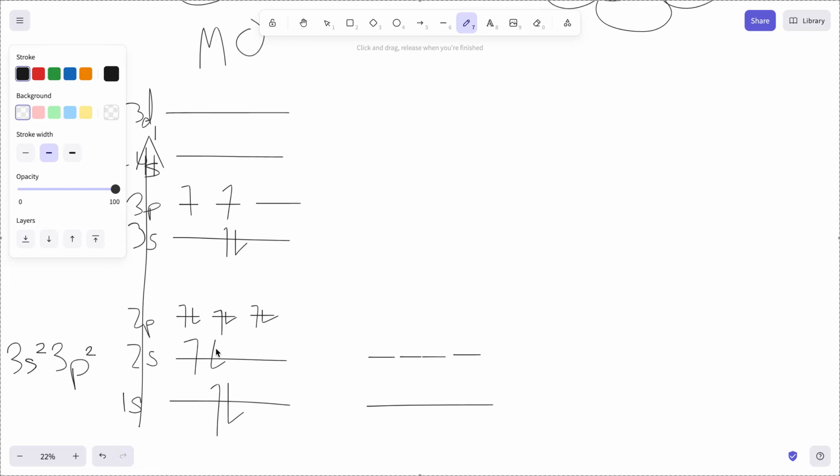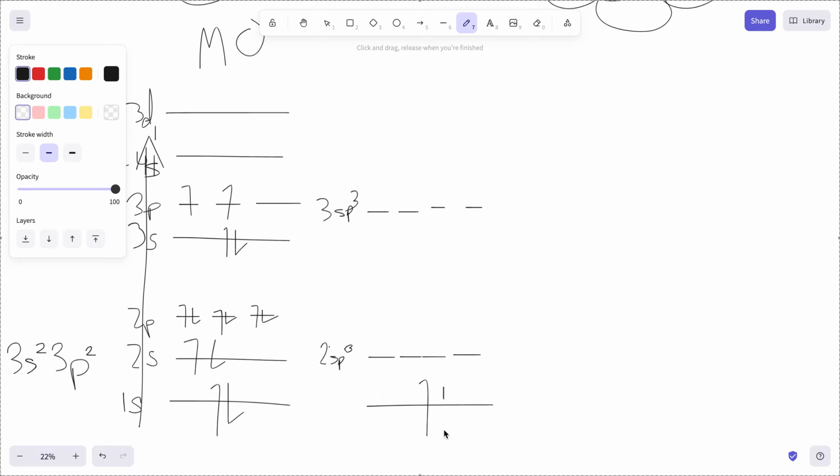And you can see how since there's 1 2s and 3 2p, we'll have 4 2sp3 orbitals. Similarly, we'll have 4 3sp3 orbitals because there's 1 3s and 3 3p orbitals.